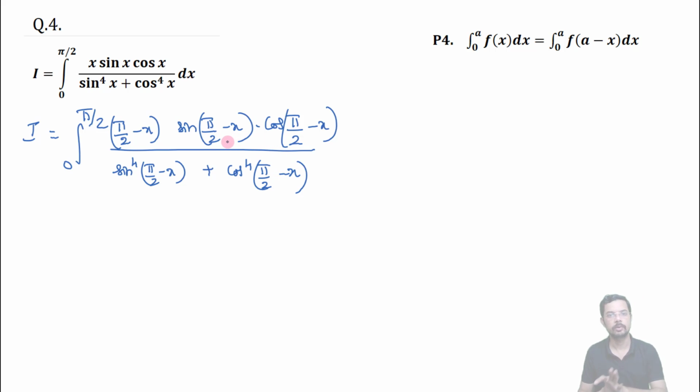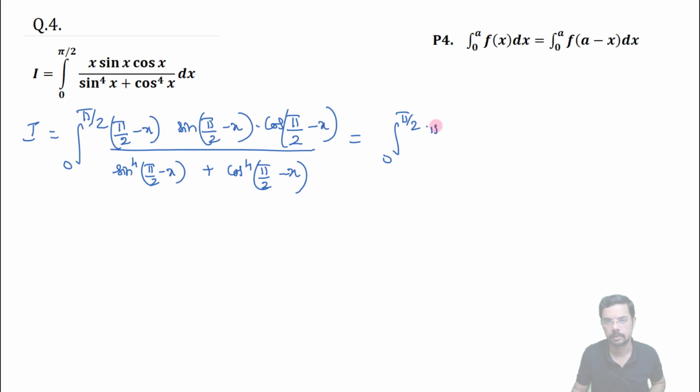Sine of pi by 2 minus x is cos x, and cos of pi by 2 minus x is sine x. So this becomes the integral from 0 to pi by 2.